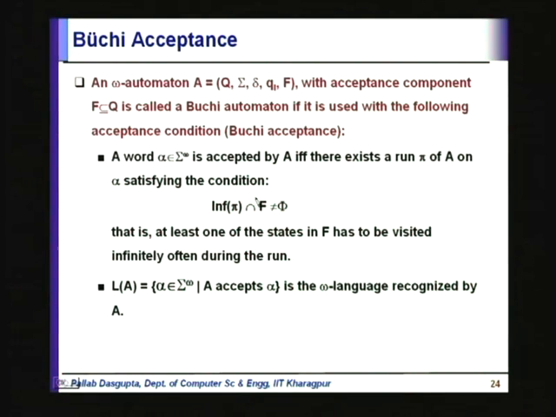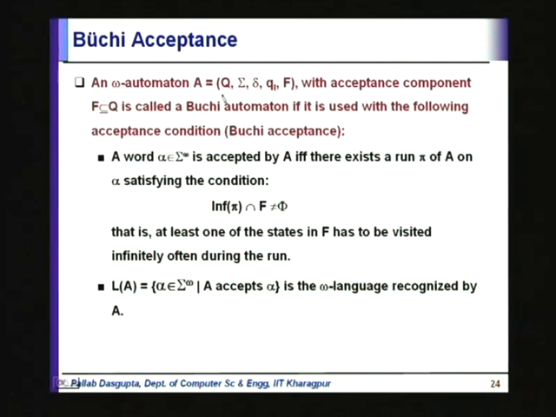See, INF pi is the set of states which are repeating infinitely often. This is a state set. Let us go through this once again. A word alpha belonging to sigma omega is accepted by A if there exists a run pi of A on alpha.